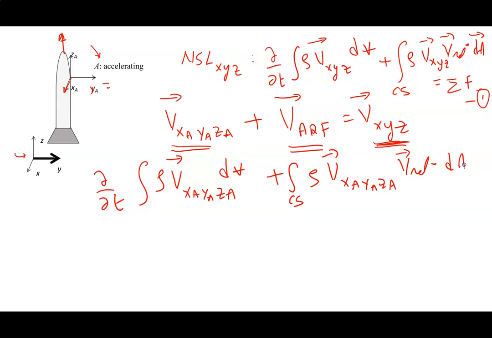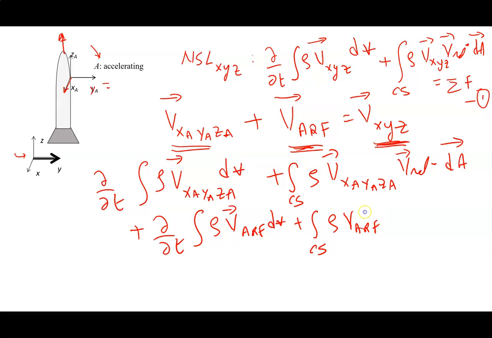So wherever in equation 1 I had a v in the little xyz frame, I have replaced that with the little x_a, y_a, z_a, and then I have this additional term which needs to account for the presence of the accelerating reference frame in this equation, equals the sum of all the forces.